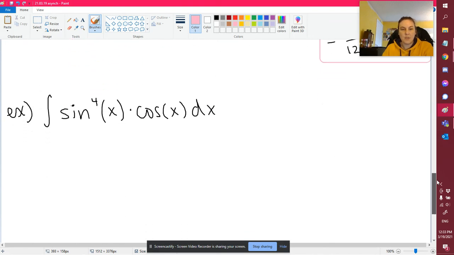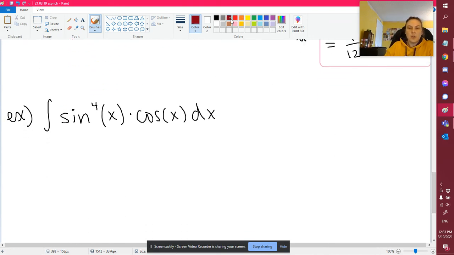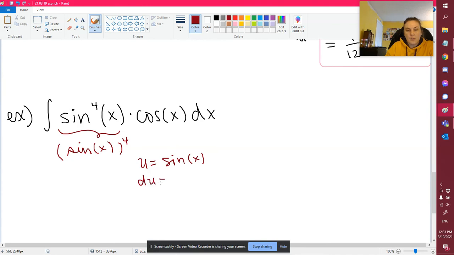And then last example, we've got a trig one. This is a little wacky, but when we see something like this, the inside function is sine, right? Another way to write this, the sine to the 4th is sine quantity to the 4th. So our u is sine x, our du is cosine x dx.